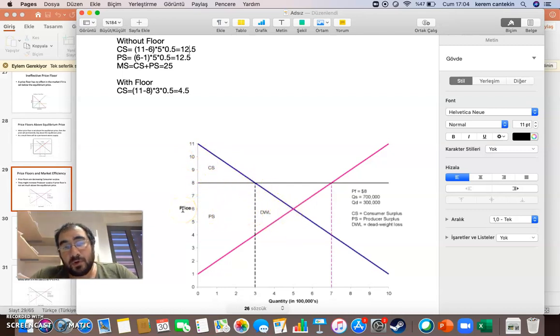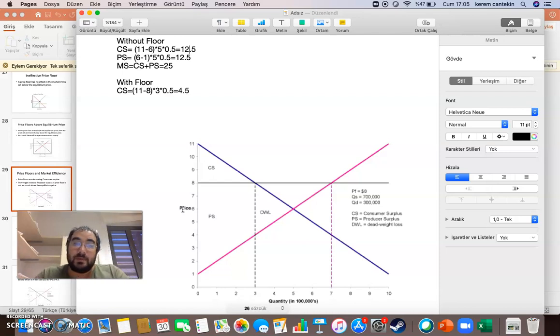So basically, consumer surplus will certainly be smaller in case of a price floor, but we don't know how the producer surplus will behave. It depends on the relative strength of whether the gain created by price increase will dominate or loss created by quantity decrease will dominate.